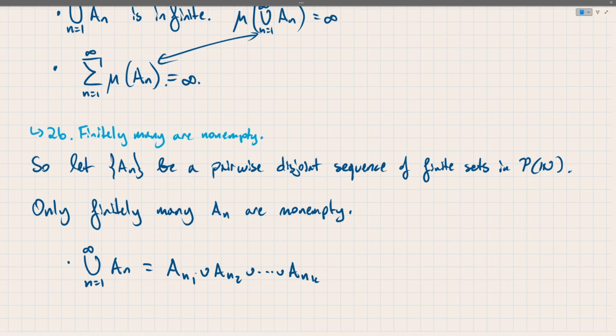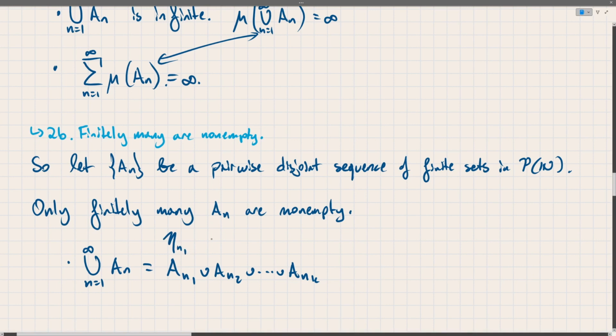So when I take the measure of this, I just add up the elements in each of these sets. Very simple. Let's say this has eta n1 elements, this has eta n2, and so on, and then eta nk.